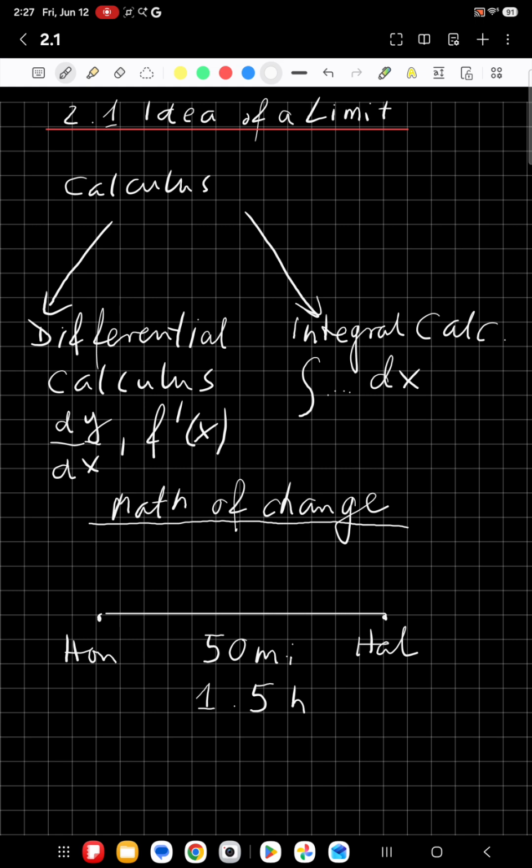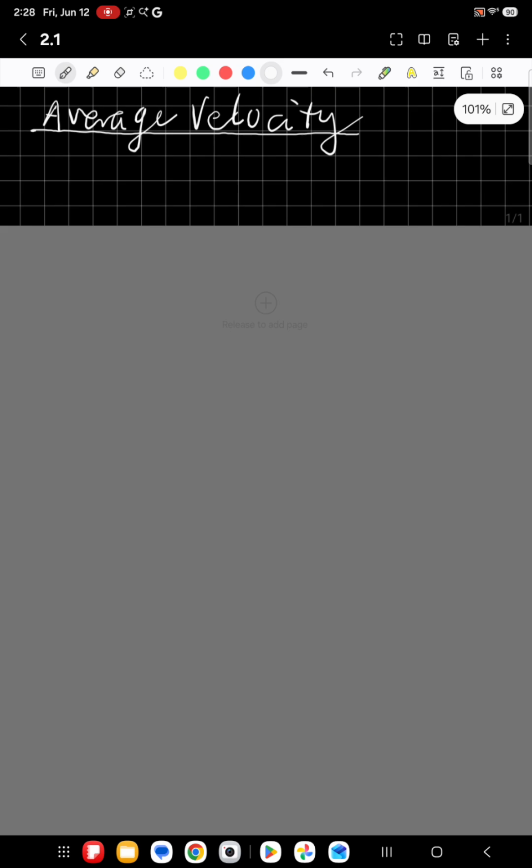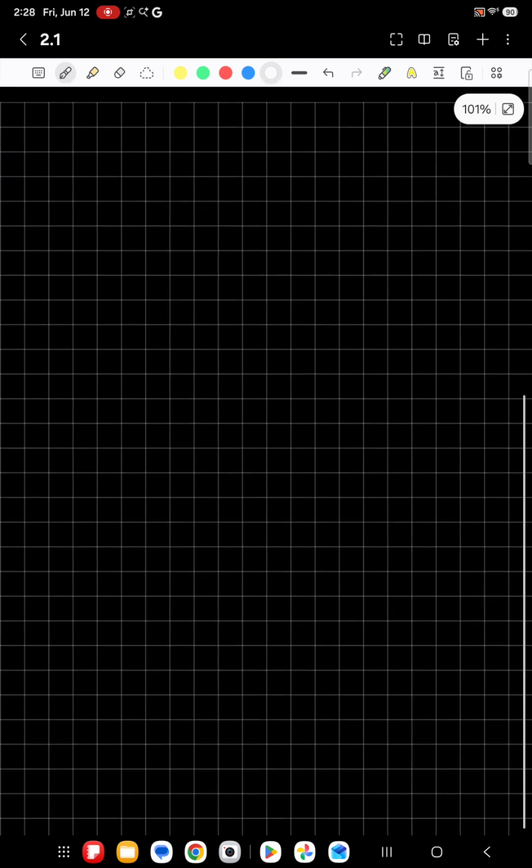And if you're trying to figure out speed and velocity, the only thing you can do is figure out average velocity. Right, so let me get the second page. To calculate velocity, it's distance over time, right? Miles per hour. So you would take distance and divide it by time.